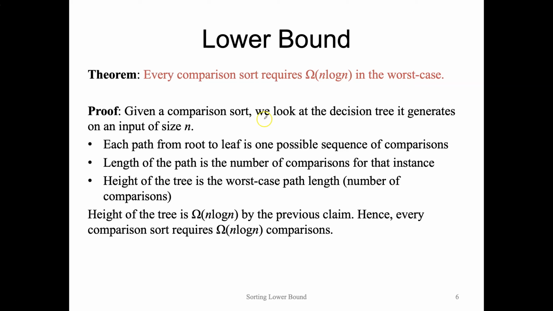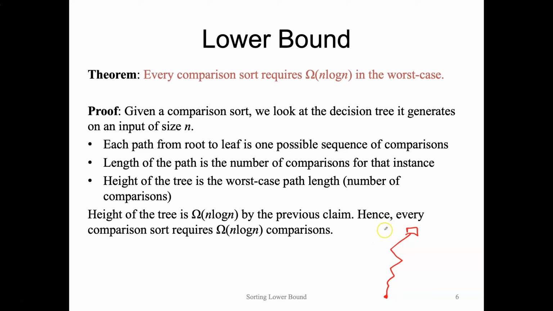So we showed that the height of our decision tree, if we have n factorial leaves, which is how many permutations we have of n elements, is the longest possible root to leaf path. Here's the root of our decision tree; we follow some steps to the left and the right based on the comparisons we make.